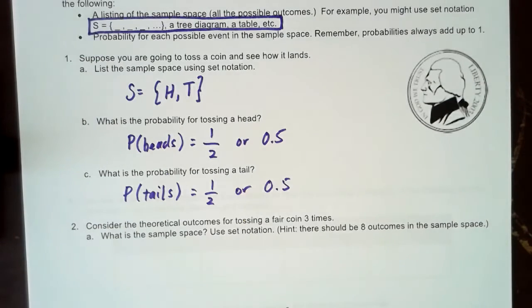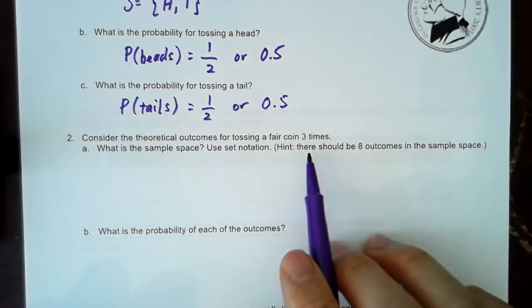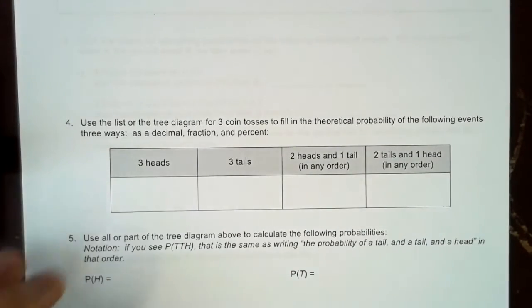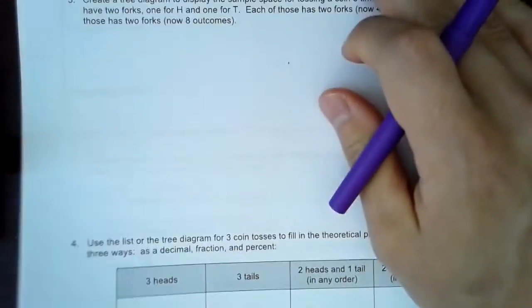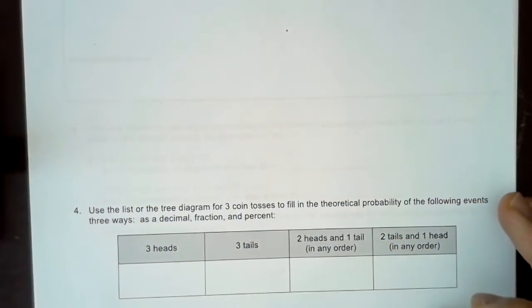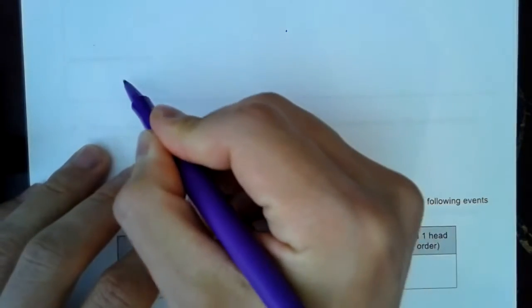Okay, so it now asks us for the sample space for a fair coin that is flipped 3 times. I'm actually going to use the second page to describe that sample space. So I'm going to draw a tree diagram right now. You don't have to draw it. You could just pay attention. But we know that a tree diagram looks something like this, right?